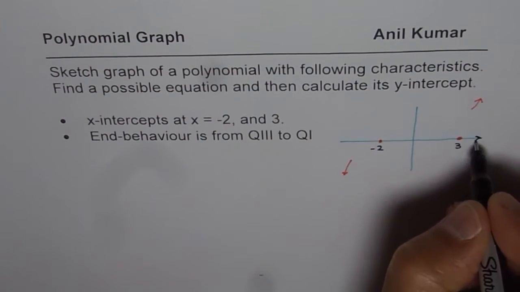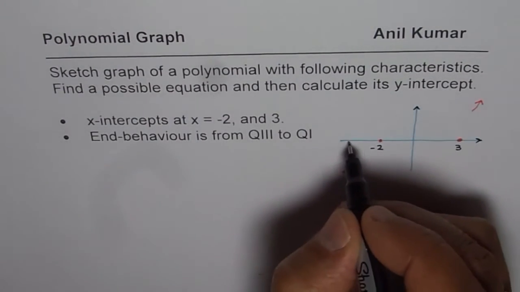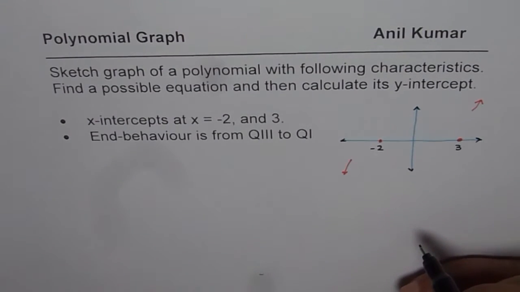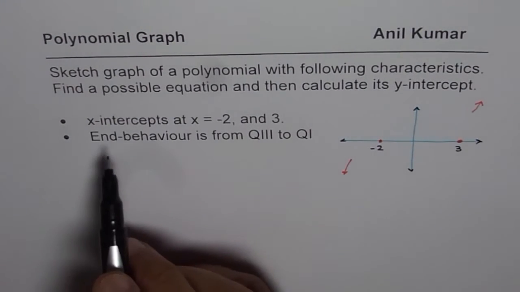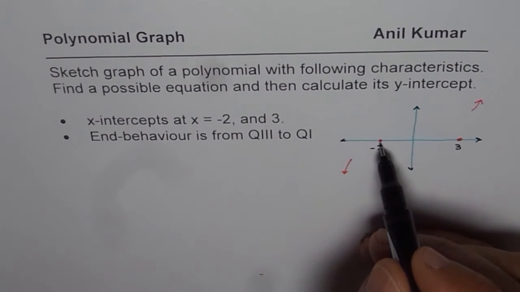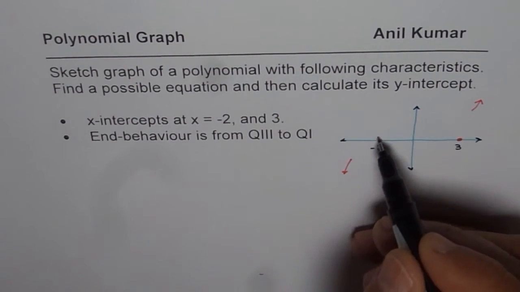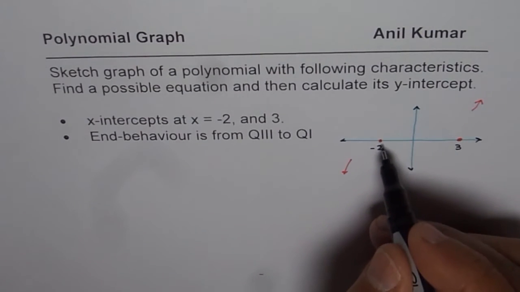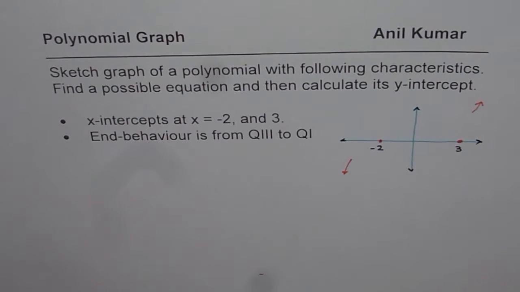Now let us sketch a polynomial satisfying these conditions. Since there are two x-intercepts, and if I go kind of like this, I'm not going to end there. So that means one of them should be a turning point, right?